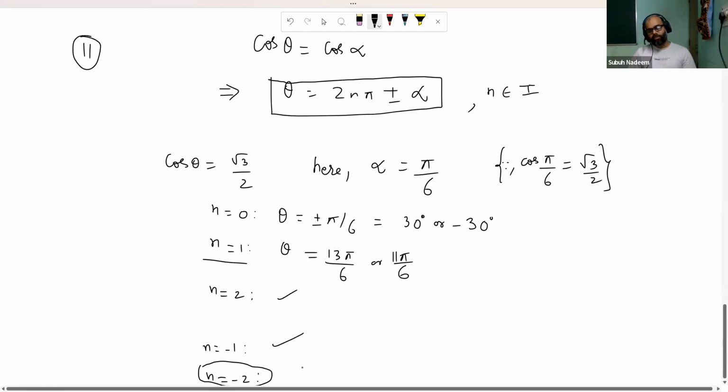So minus 23 pi by 6 or minus 25 pi by 6. Correct. So there are many such angles, infinite angles we can get.